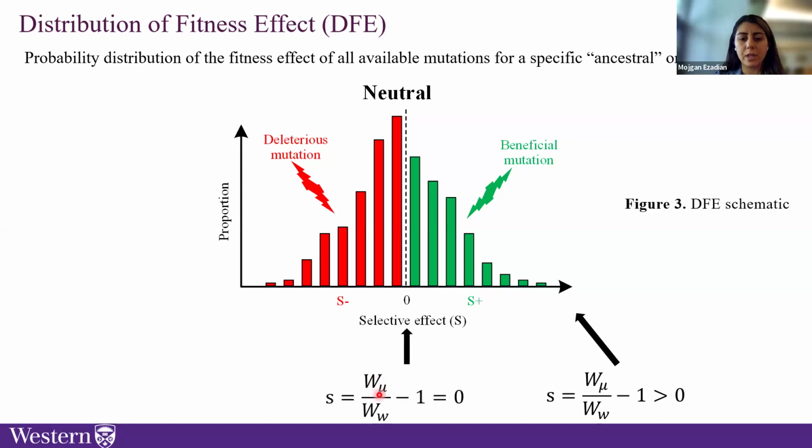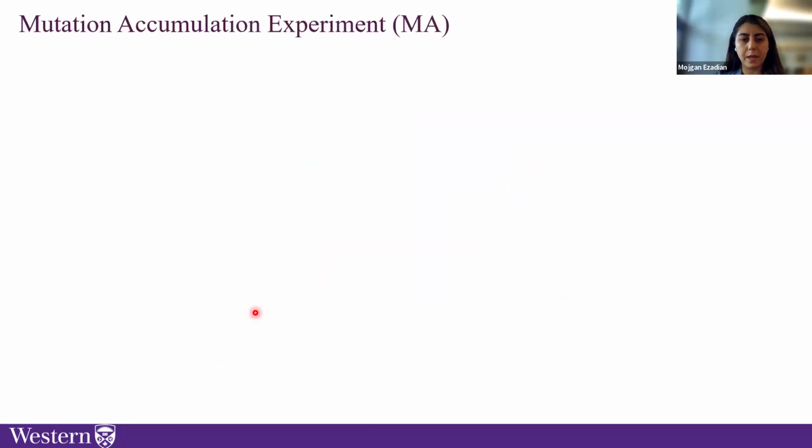When this fraction is equal to 1, S is 0, and mutations are neutral. And when W mu is less than W wild type, S is negative, and mutations are deleterious. So the distribution shows the fraction of these mutations, the DFE.